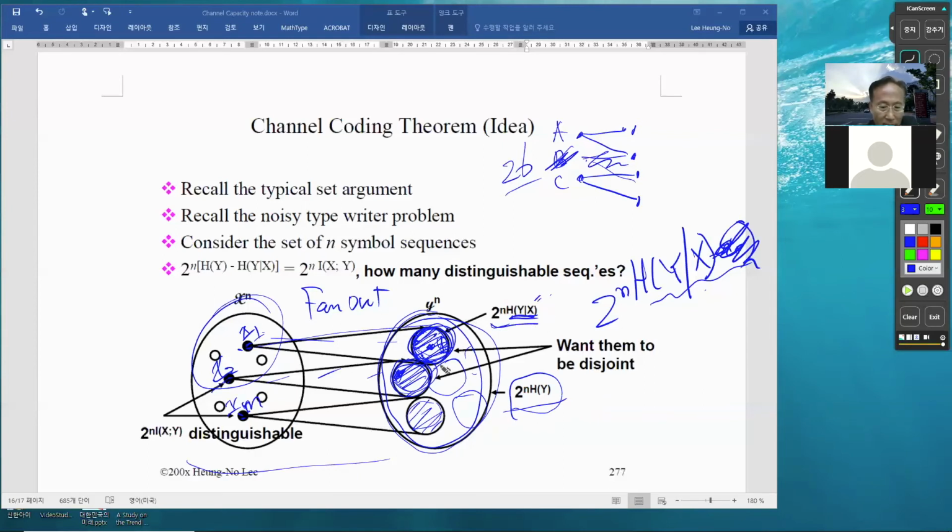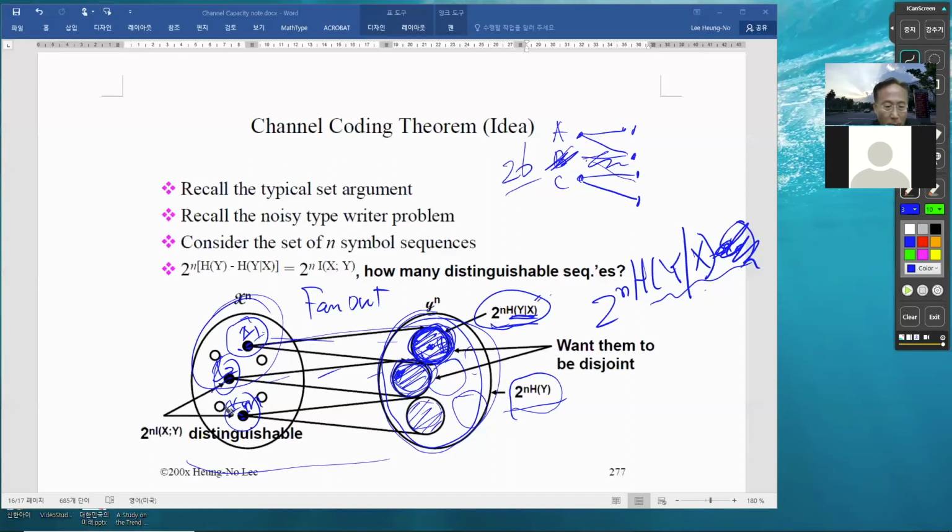That's the size of the smaller ball, and the number of smaller balls that can be packed inside this bigger ball is going to be the number of input sequences that we can select in the input space. Okay, so that will determine the capacity.